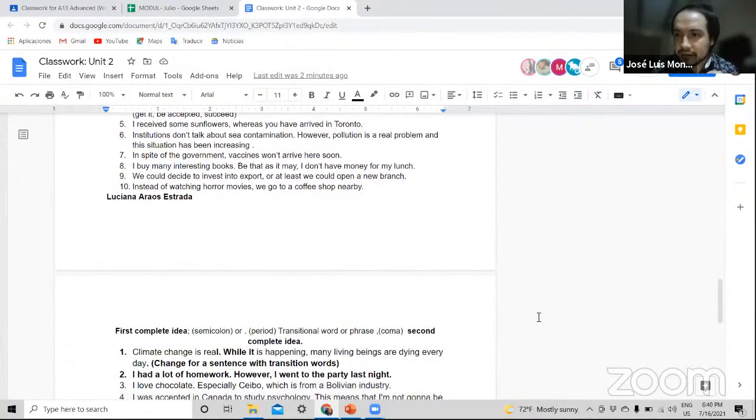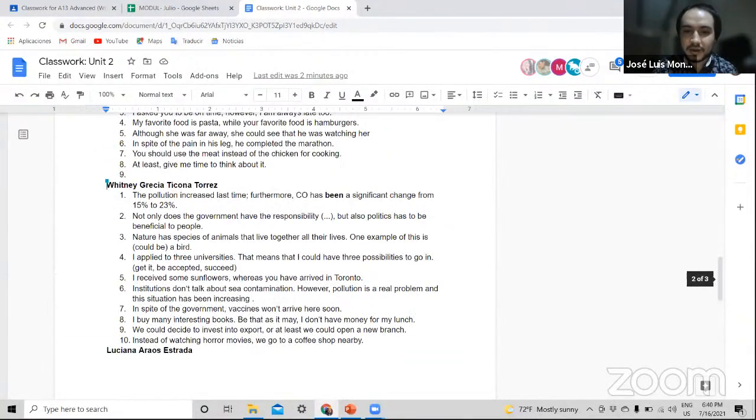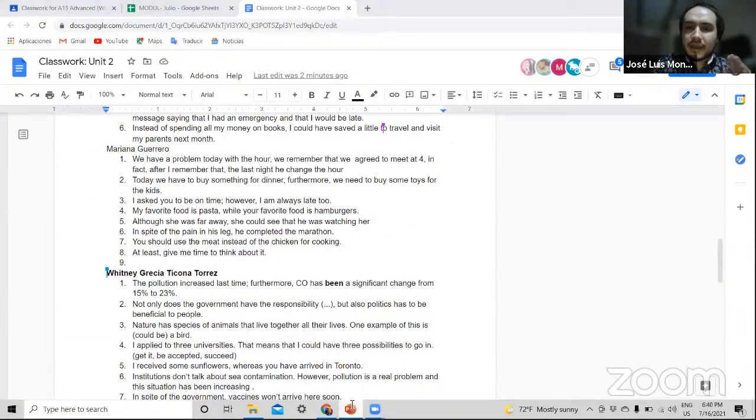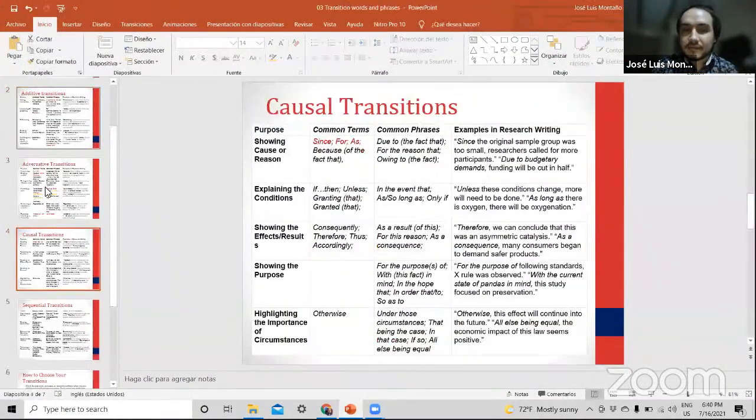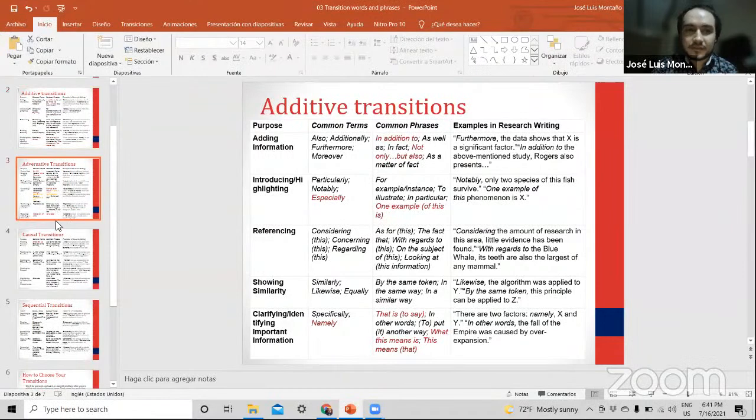Great. And I think, well, Luciana's not here, so I think I finished with everybody. Great. We worked then with these two groups, the most important groups, additive transitions and adversative transitions.